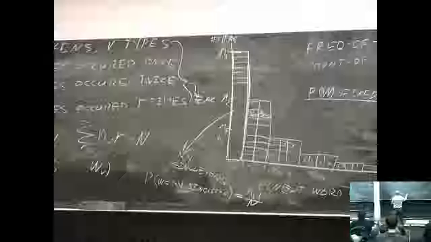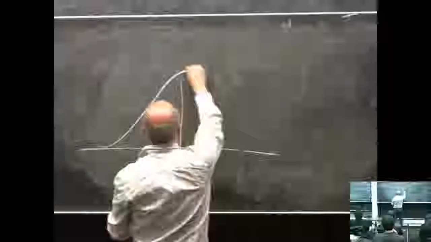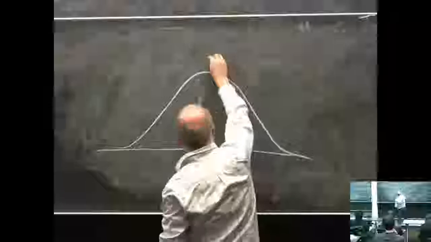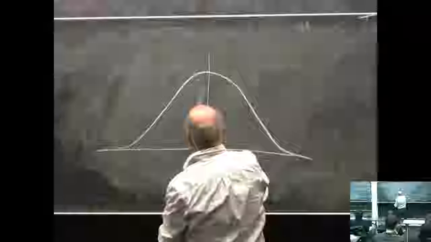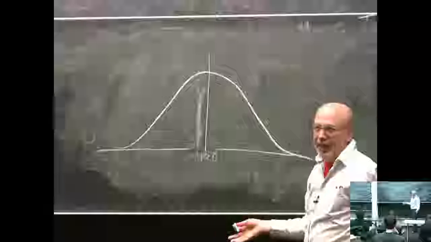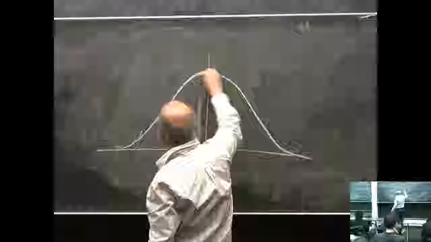Here's the IQ test. This is 100. And results look like this. This is as close to a Gaussian as I'll ever be able to draw. Now, of course, it's a finite population, but it fits this more or less, with some wiggle here.